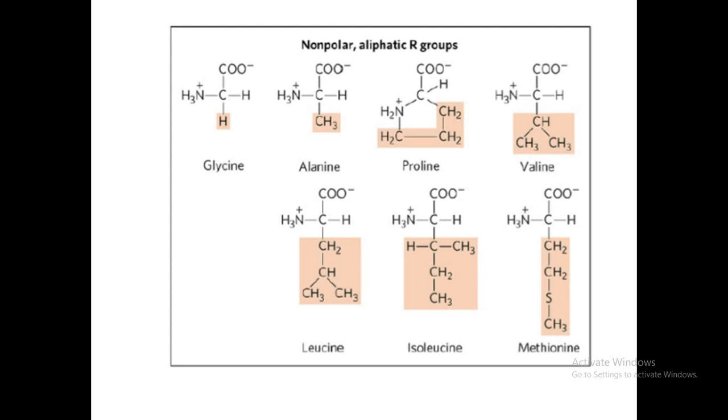So what you understand from what I am saying is that if you have a protein with a large number of these hydrophobic or non-polar amino acids like alanine, valine, leucine and isoleucine, then due to their hydrophobic nature, they would be found inside the protein, not over the surface of the protein.